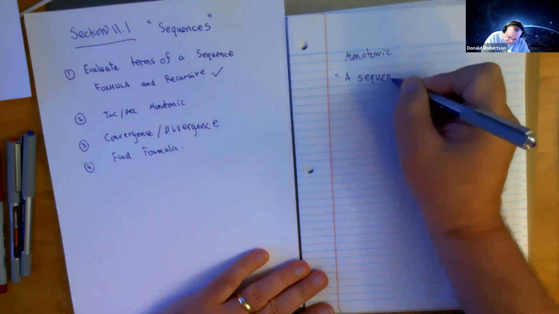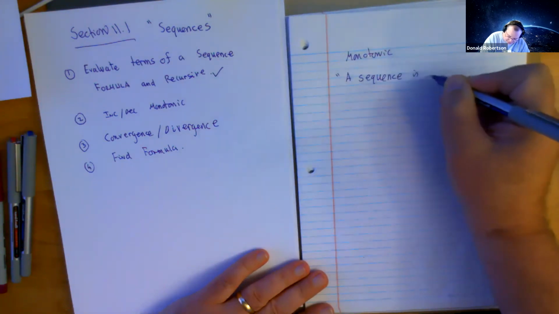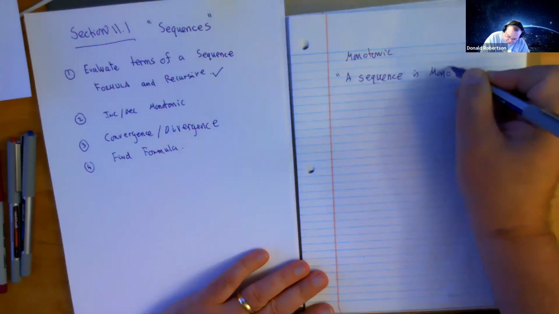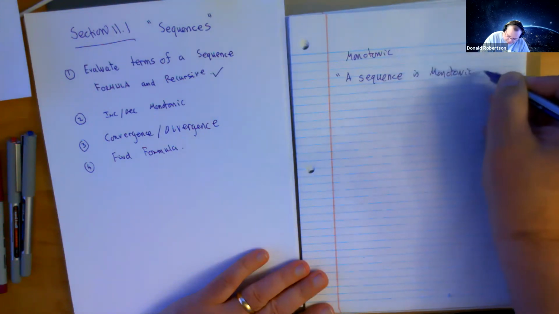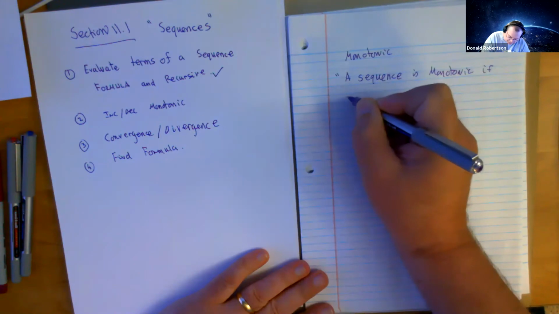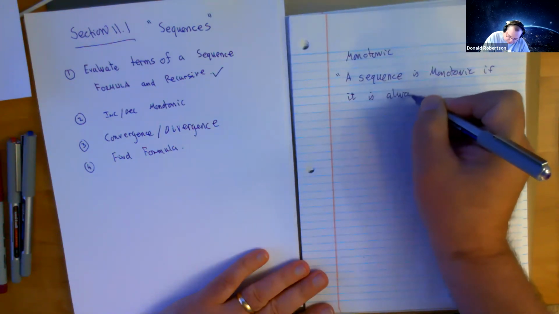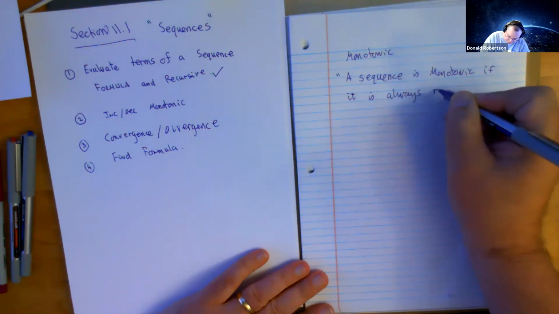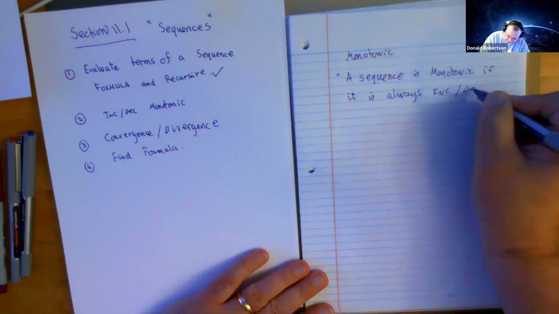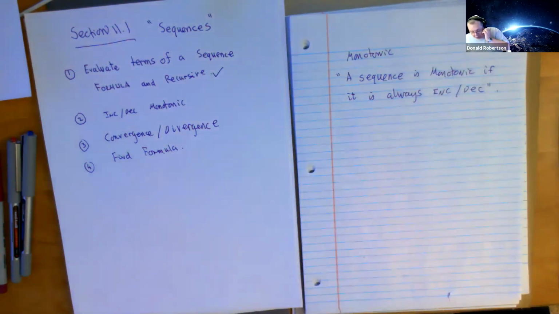This is its definition. A sequence is said to be monotonic if it's always increasing or always decreasing.